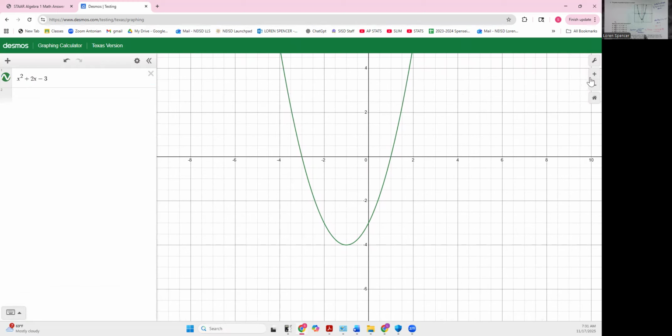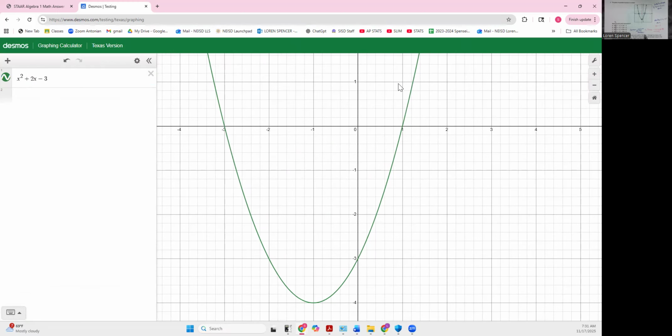This very first one crosses at -3. It crosses at 1. And our vertex is at -1, -4. Looks like the first one is the correct one because these points all match up.